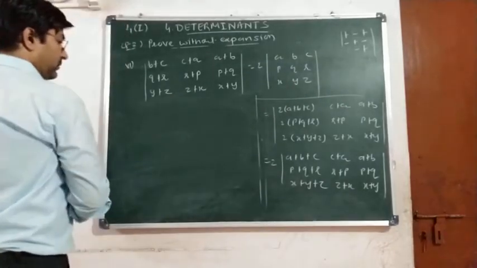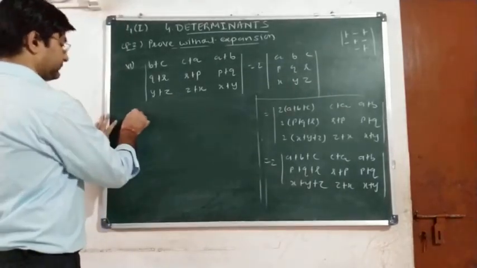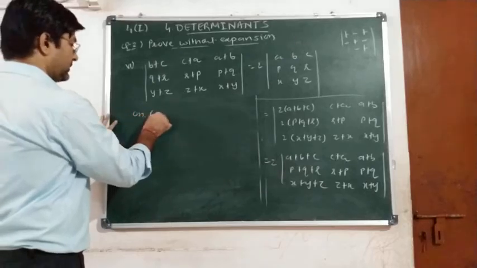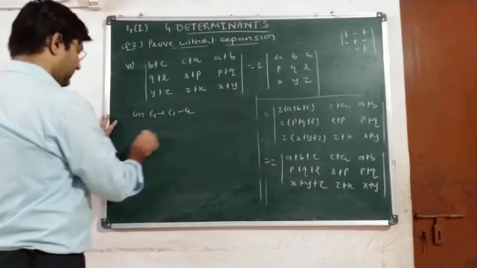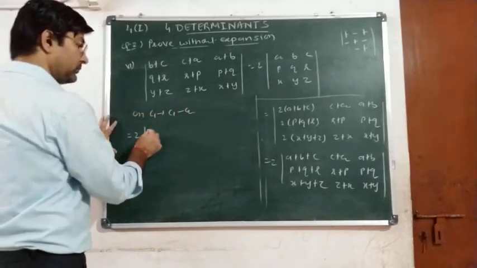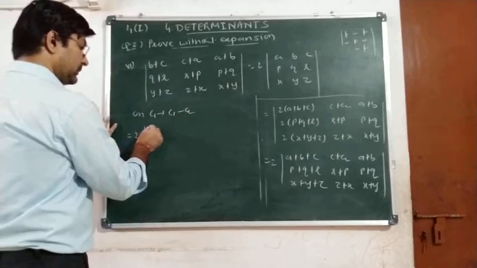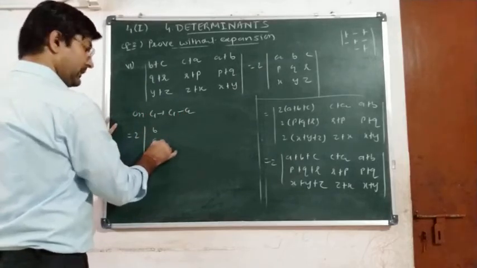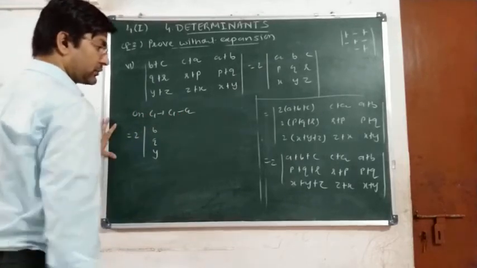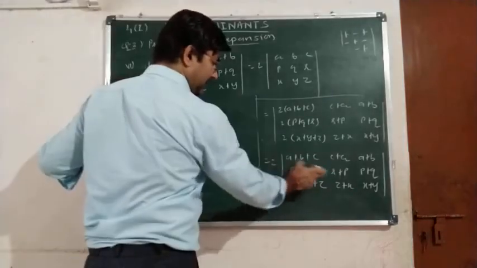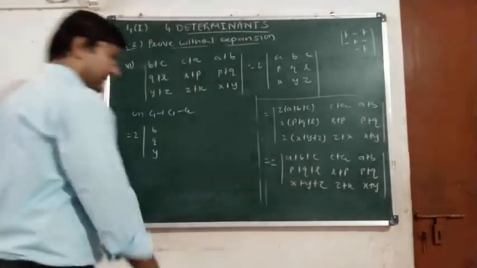Okay, now what we will do on C1 minus C2, so 2 into, we are left with B, Q, Y. Yes or no? Because C and A will get cancelled, R, P and Z, X. Clear?